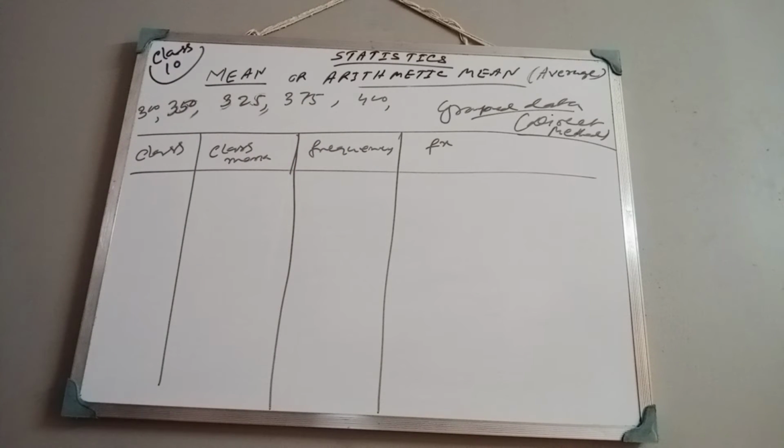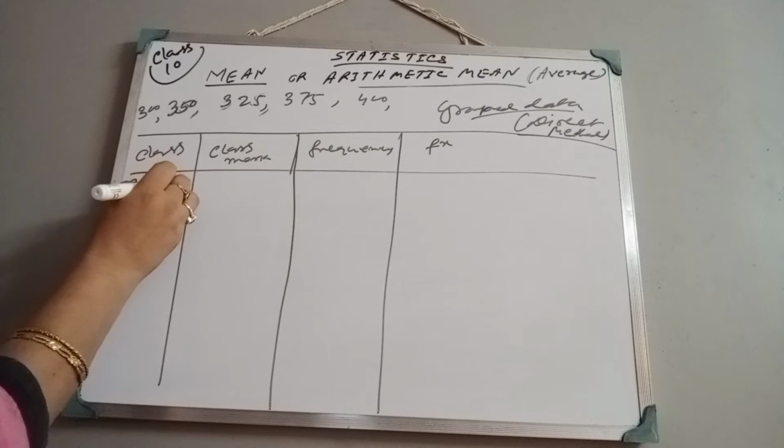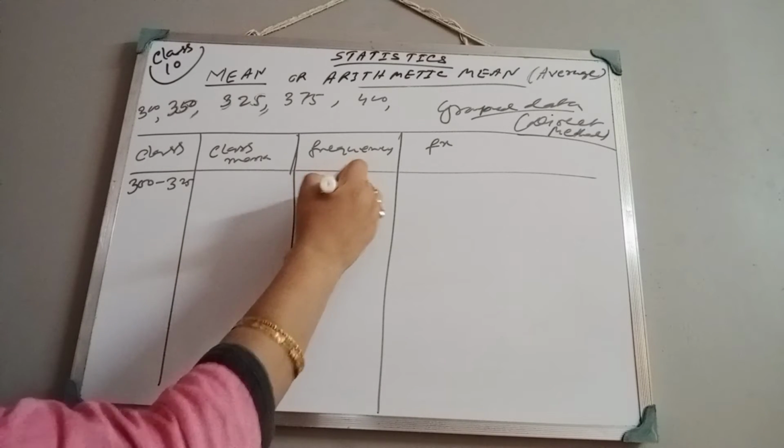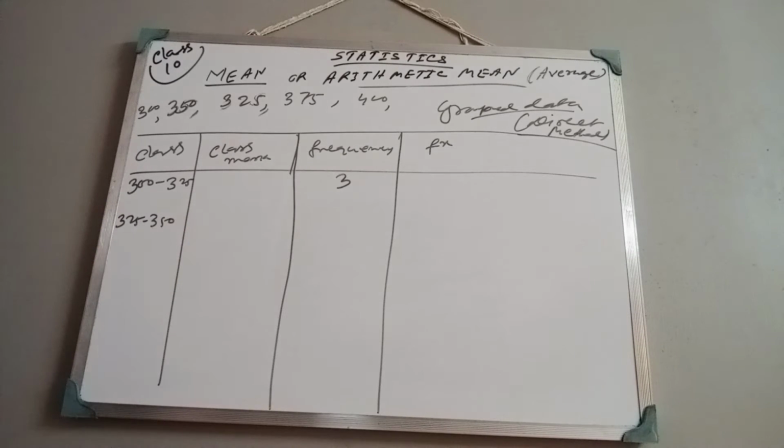From those data, we can write 300 to 325, because after 300 the next earning is 325. Frequency there is 3. Next 325 to 350, frequency is 3.